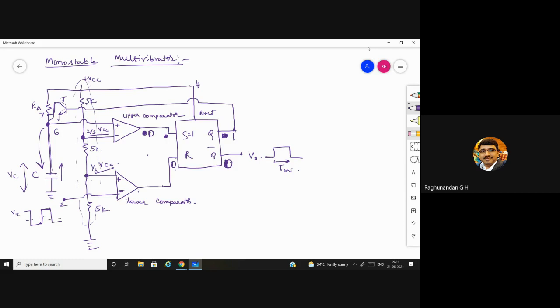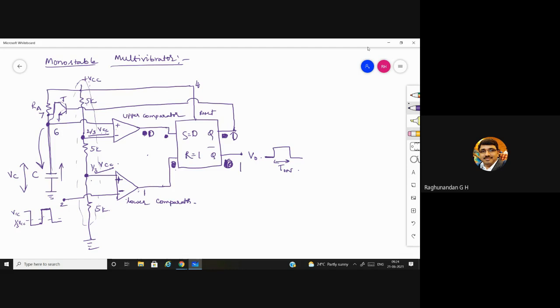Maximum is VCC. If it goes less than 1/3 VCC, again the non-inverting terminal is at higher potential compared to the inverting terminal. The output goes to 1, such that the reset is 1. When reset is 1, the output will be 1. So meanwhile, this will become 0. This process keeps on continuing.